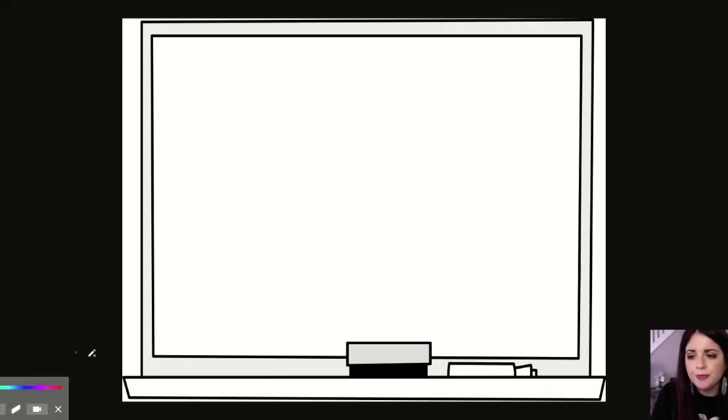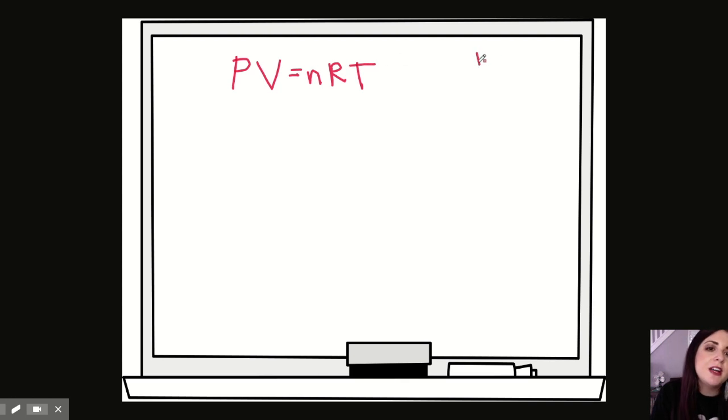So I want to show you how we can change PV equals nRT, and we can find the density of a gas, and we can also find the molar mass of a gas.